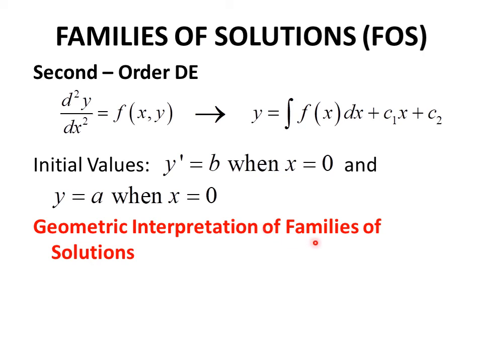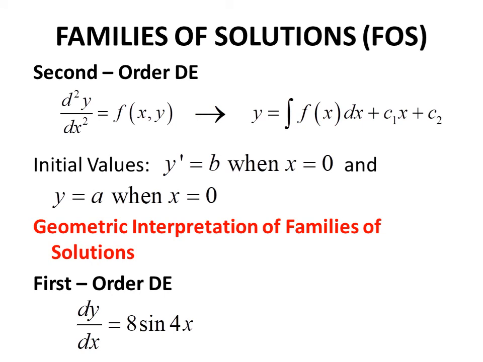Now, to visualize the families of solutions, or the multiple solutions, to a differential equation, we can use the geometric interpretation. Let's say we are given the first order differential equation dy over dx is equal to 8 times sine 4x. So we only have here the first derivative.